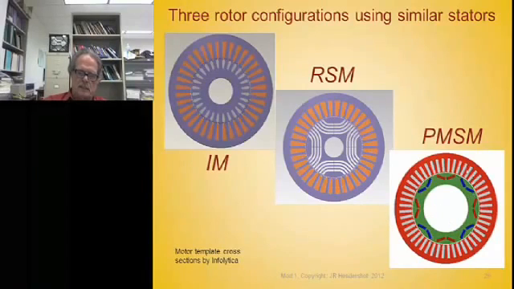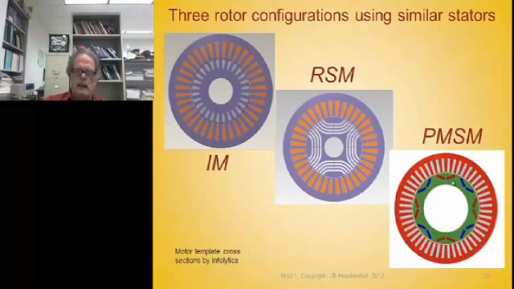Now the permanent magnet machine, the one that we show here, uses the same kind of stator as the other two, but the magnets are buried inside the rotor. And so there's 2 magnets per pole. The red ones are north poles, the blue ones are south poles. And we have this soft laminated pole in between here. That's kind of like the salient poles on this machine.